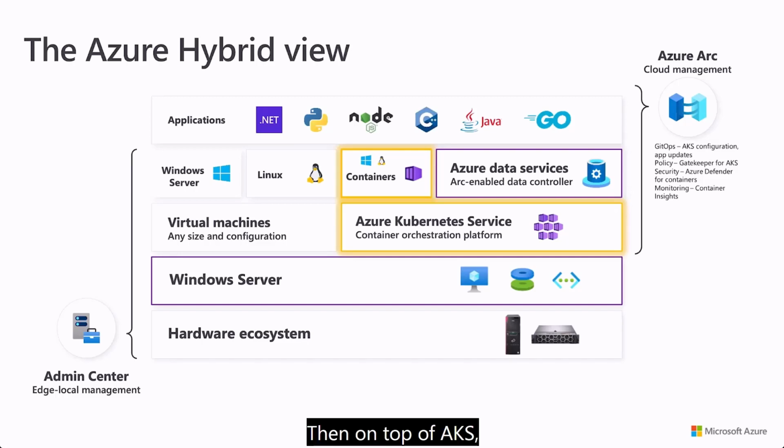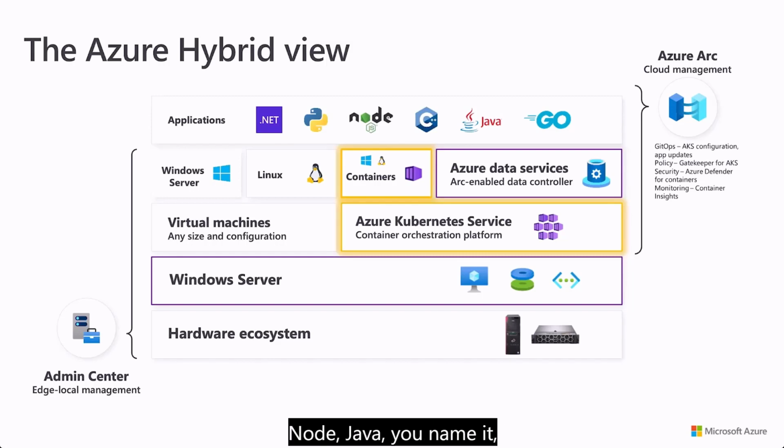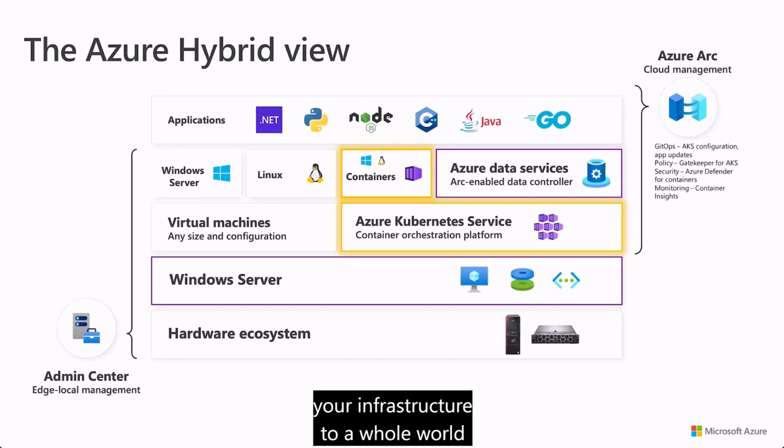Then on top of AKS, you can run your containers, whether it's data services, or .NET applications that you've containerized, Node, Java, you name it. You've basically opened up your infrastructure to a whole world of container applications.